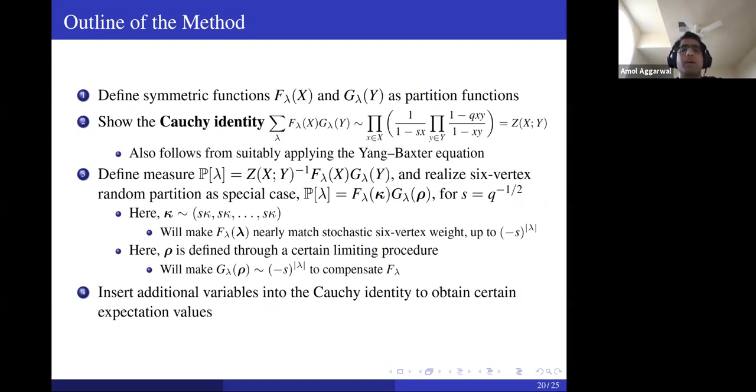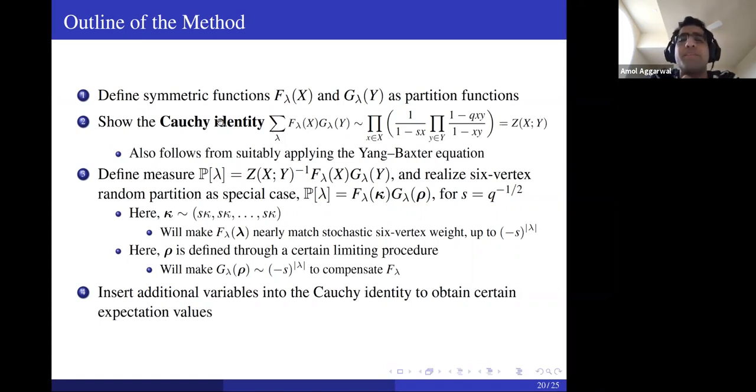This is the second of many times I'll tell you that it follows from the Yang-Baxter equation. This quotient identity is a fast application of the Yang-Baxter equation, although not fast enough for me to present it in the remaining time I have here.